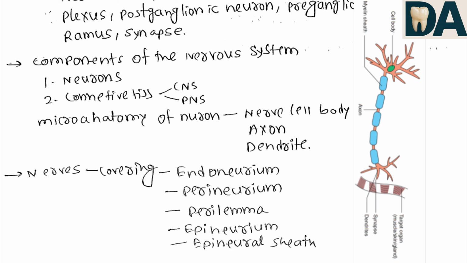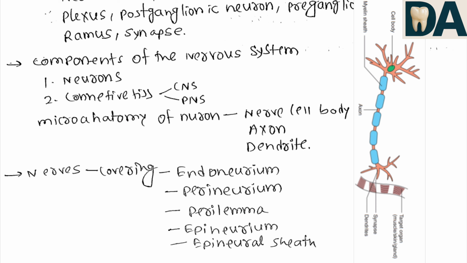The basic structure of a neuron consists of a nerve cell body and cytoplasmic extensions. One is the nerve cell body or soma. It is the central part of a neuron which forms the gray matter and nuclei in the central nervous system and ganglia in the peripheral nervous system.